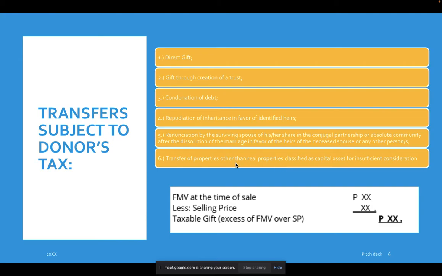Ang sabi ng batas, kung ang consideration is insufficient nung transfer, kulang ang pinambayad, sufficient, insufficient, possible na donation yon. Kaya may donor's tax dapat yon. Okay?